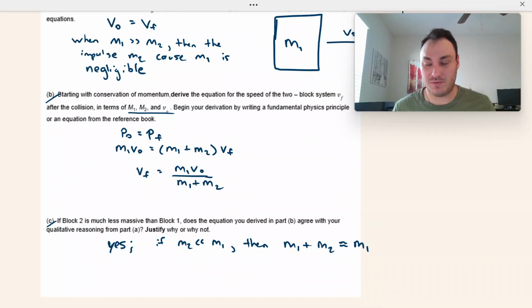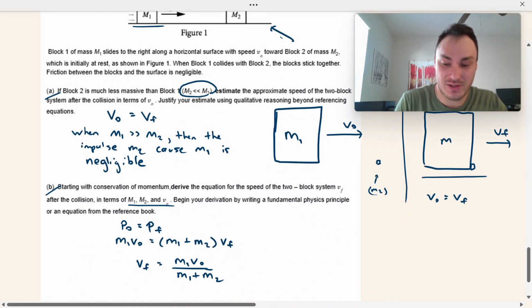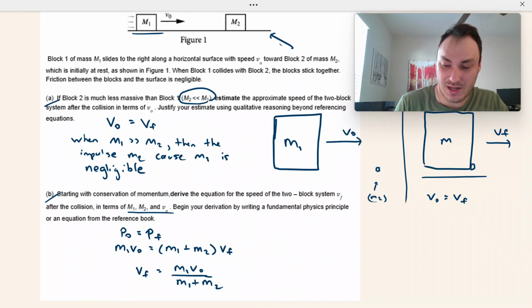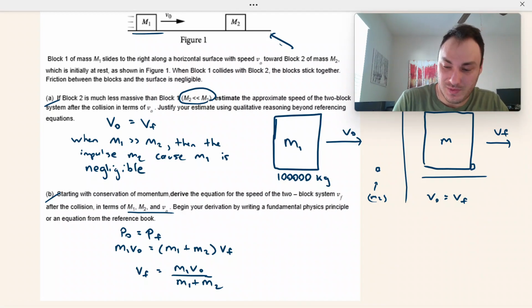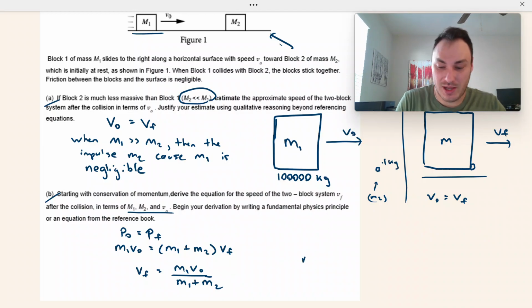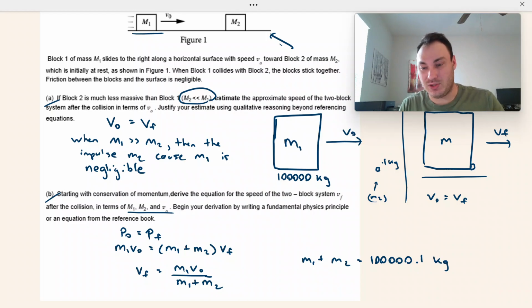Sometimes it's hard to think in variables, so put numbers to these. If M1 is way more massive than M2, let's say M1 is 100,000 kilograms, and M2, this little guy, is 0.1 kilogram. Then M1 plus M2 would be 100,000.1 kilograms. That is a negligible difference from the mass of M1 by itself.